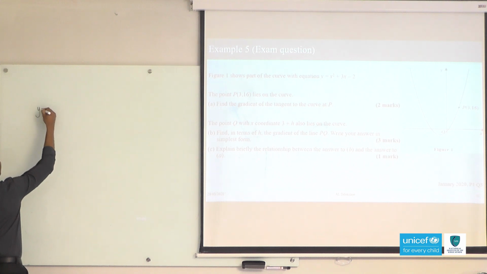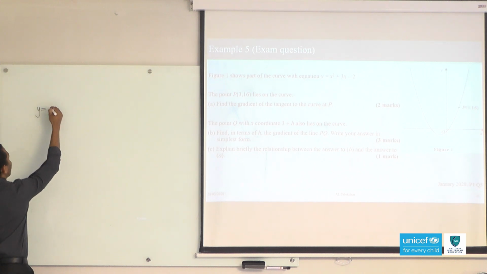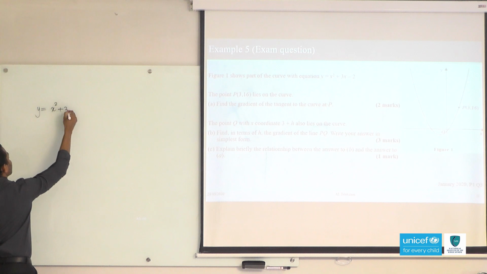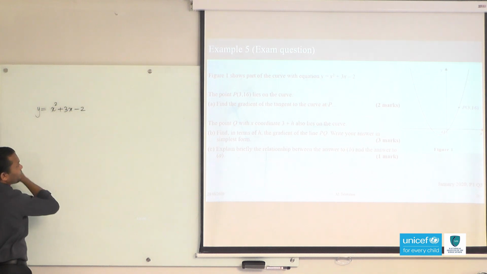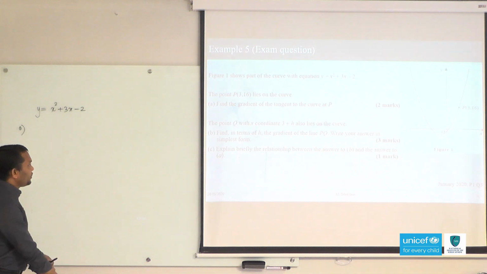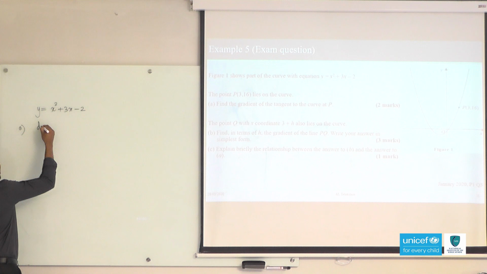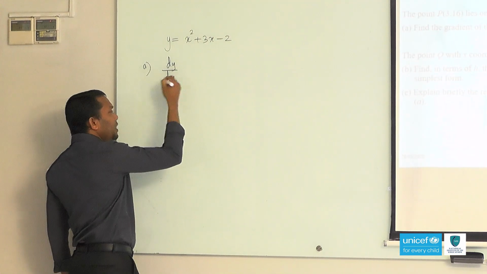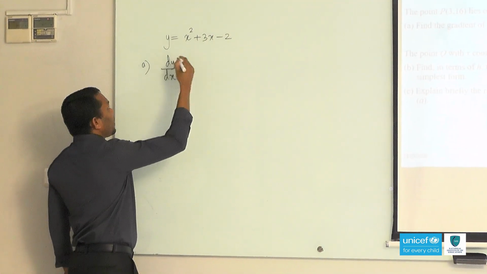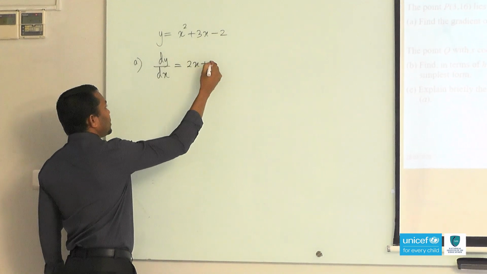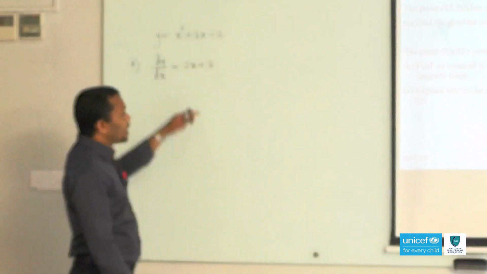My curve is y equals x squared plus 3x minus 2. So, part A, find the gradient of the tangent to the curve at P. To do that, first we differentiate. So, dy over dx, very important to write this symbol, is 2x plus 3. That simple expression is our derivative.